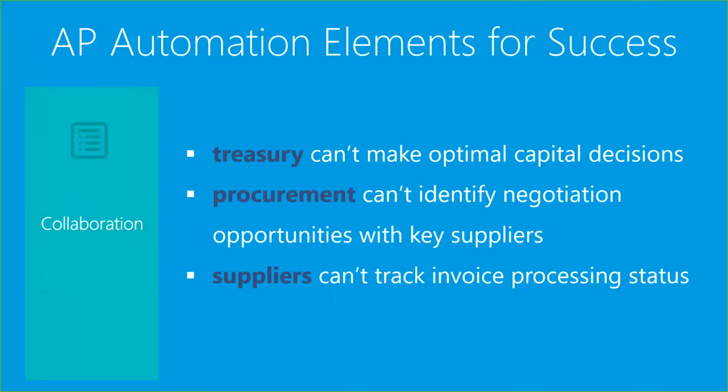The next element is collaboration, which is related to treasury, procurement, and suppliers. Collaboration is the cross-functional coordination among key stakeholders within that process, such as accounts payable, procurement, finance, treasury, and suppliers. That creates an environment where key information flows with ease between those stakeholders.